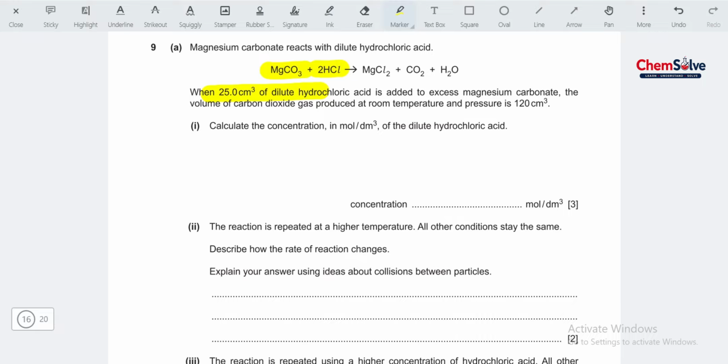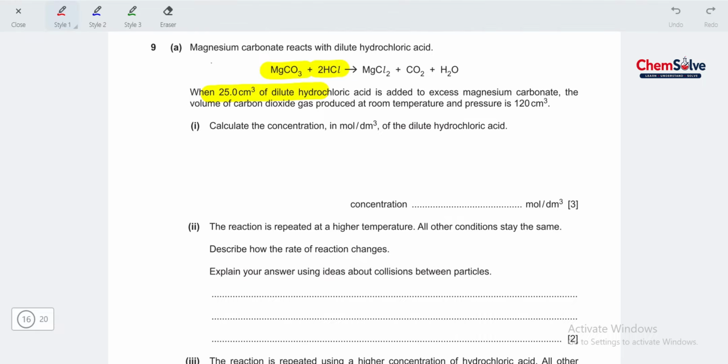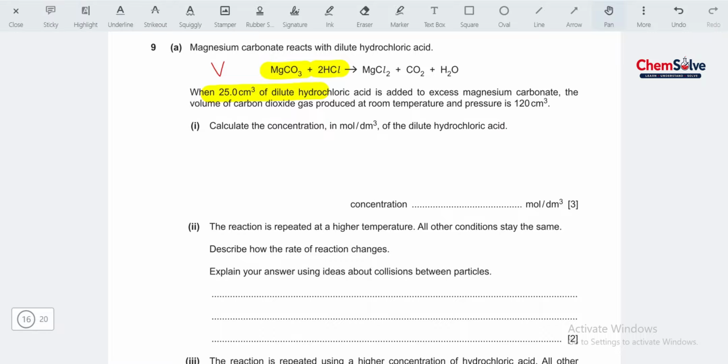So let me write here, this is volume. It is added to the excess of magnesium carbonate, and the volume of the carbon dioxide gas is produced. He has given us the volume of the acid, but in the next sentence we are provided with the volume of the carbon dioxide. So the volume of the carbon dioxide is 120.